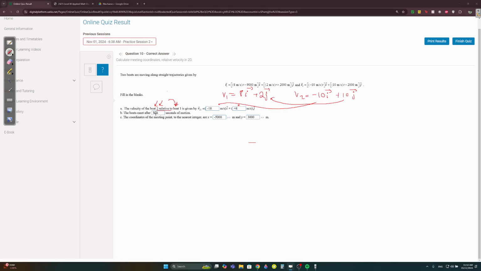The boats meet after 500 seconds of motion. Basically, when they meet, R1 is equal to R2. Let me just solve this.